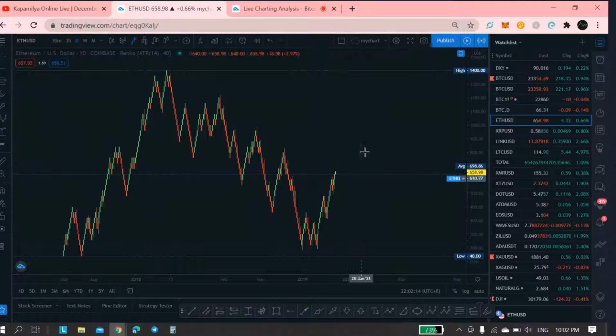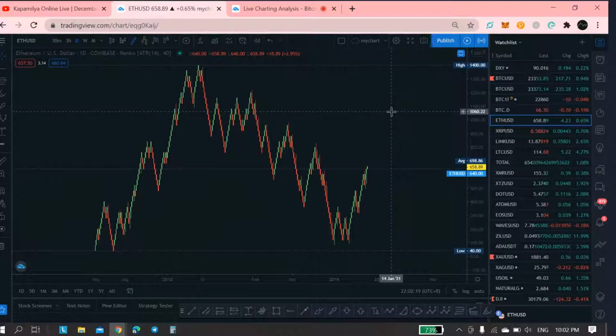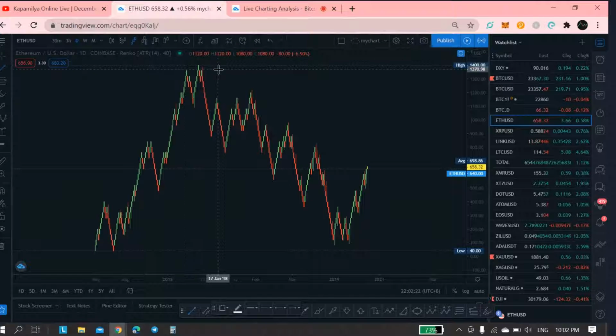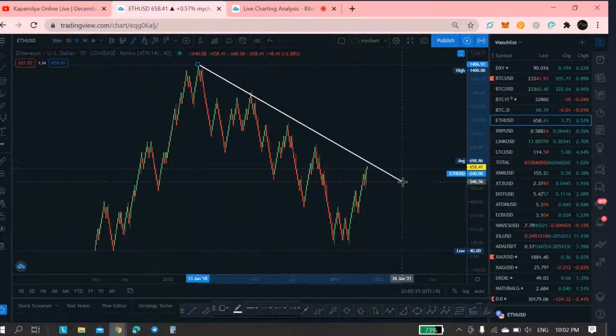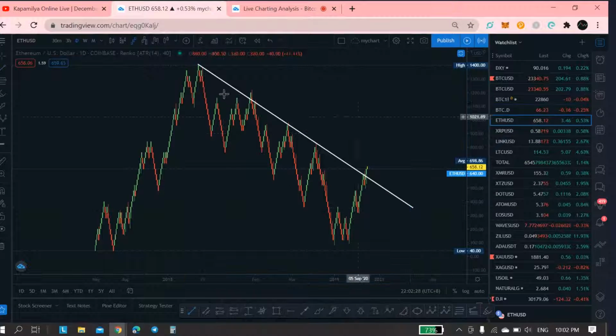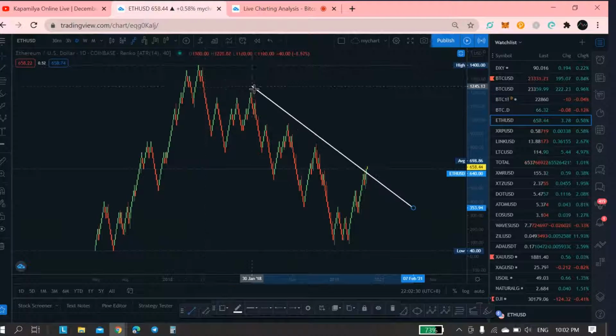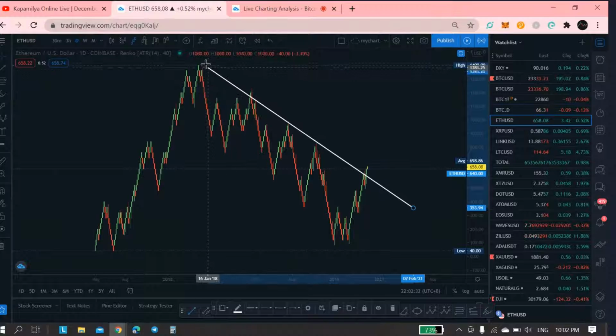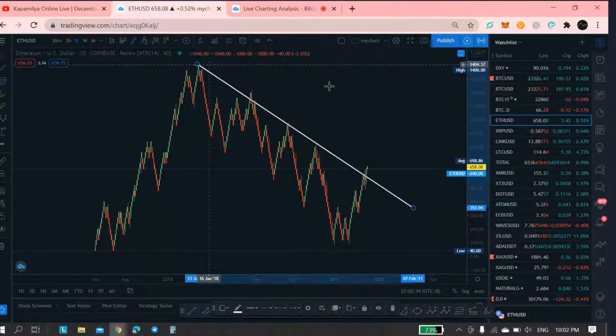Let me just remove all the drawings and then we'll analyze it using this Renko chart. This is the long-term resistance area, and it already broke that long-term resistance area here.